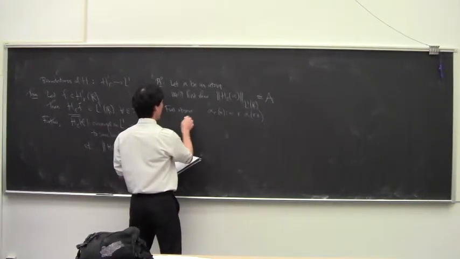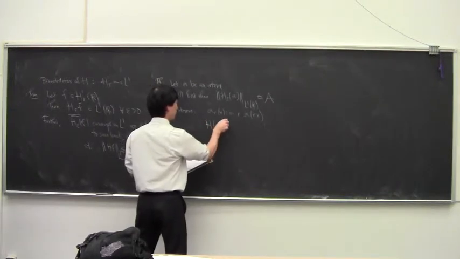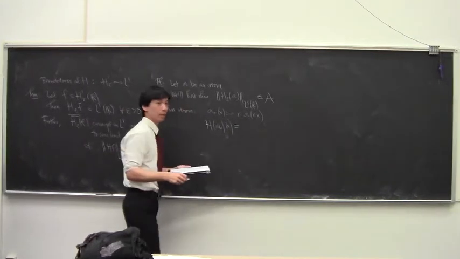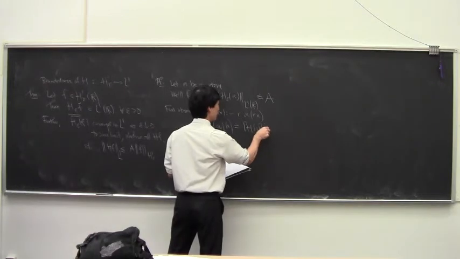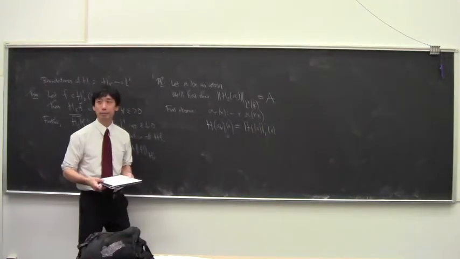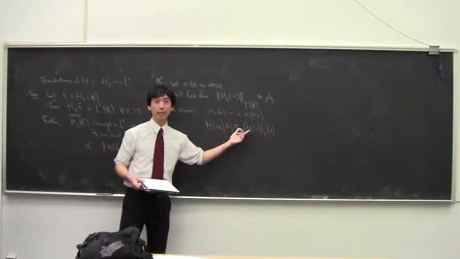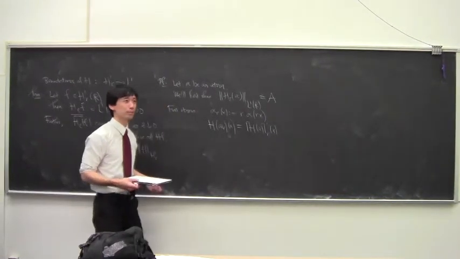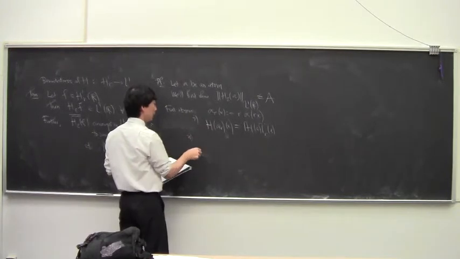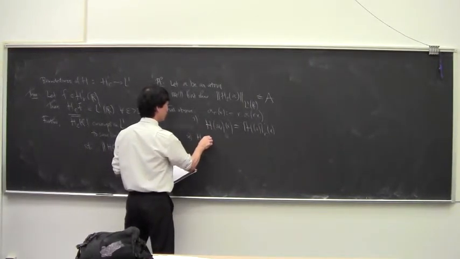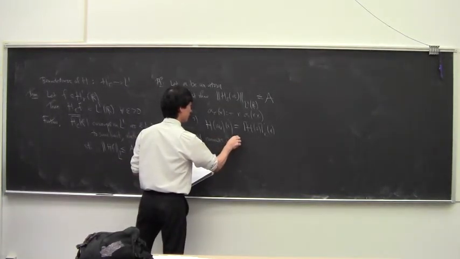It's a calculation to see that if we apply the Hilbert transform to the dilated function, what we end up with is the dilation of the Hilbert transform of the function. So you can either dilate and then Hilbert transform, or Hilbert transform and then dilate. The Hilbert transform commutes with dilations. So it's a calculation. The second thing to observe is that the Hilbert transform also commutes with translations.